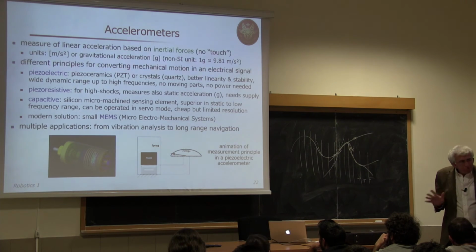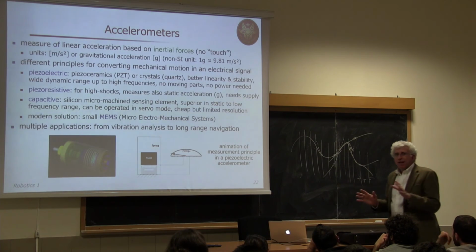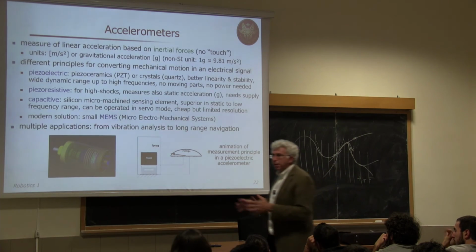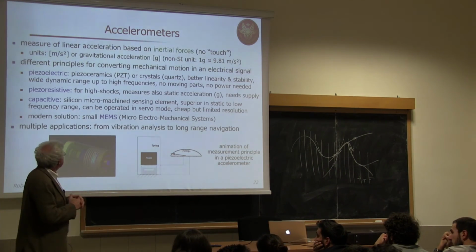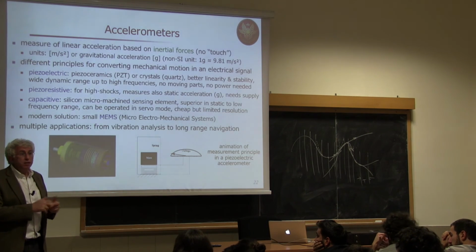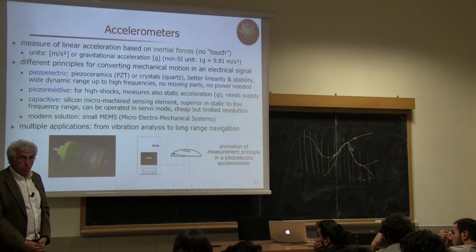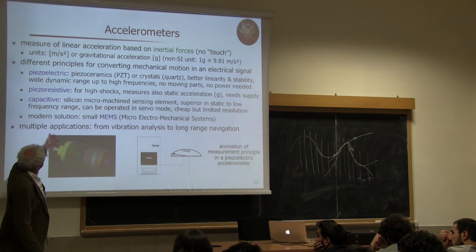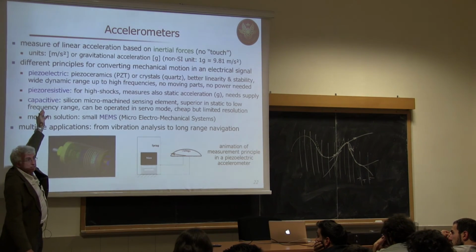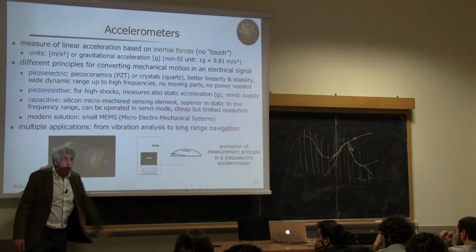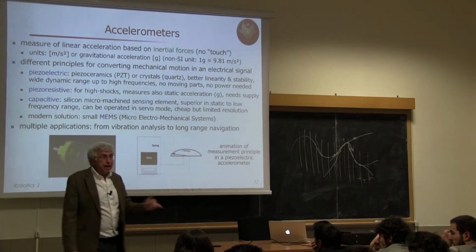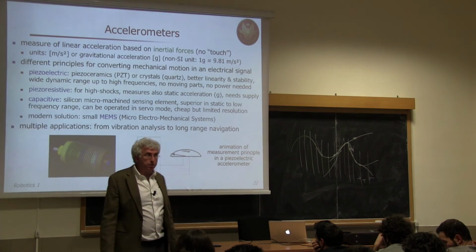But if you are not vibrating the structure and have only constant acceleration, then a piezoelectric accelerometer does not provide any output. So you need piezoresistive and capacitive. In fact, MEMS are of the capacitive type, so they go down to static or continuous acceleration.